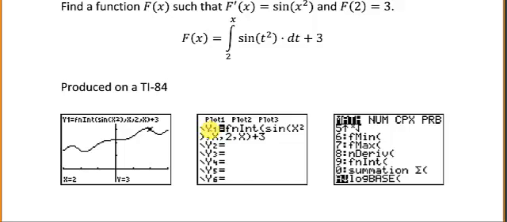I set y1 equal to fnInt, that's function integral, of sine of x squared as x goes from 2 to x, and then I closed that integral function, plus 3. To get to this fnInt, go to math and then down to math 9, and you could produce the very same function on your calculator. Notice that when x is 2, y is 3.